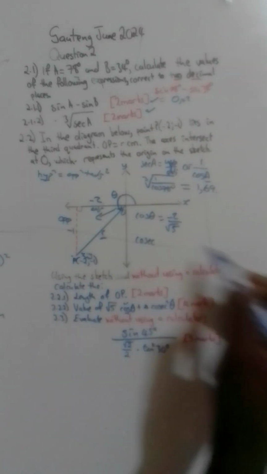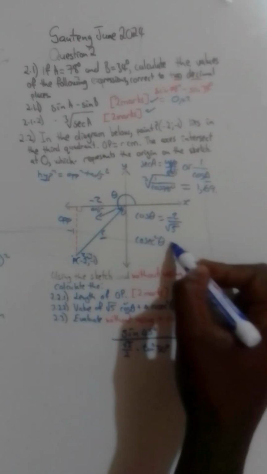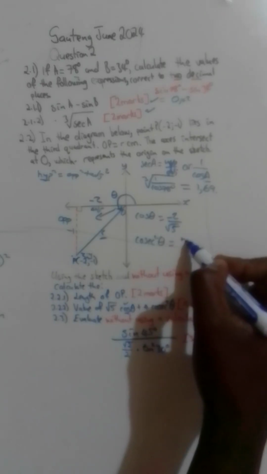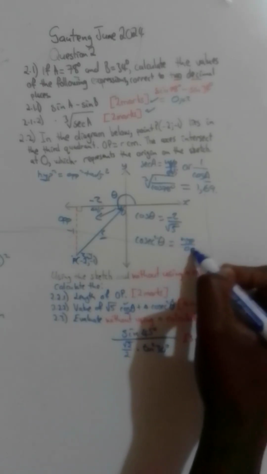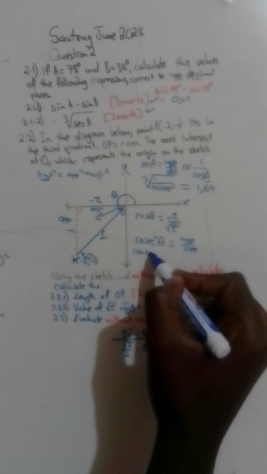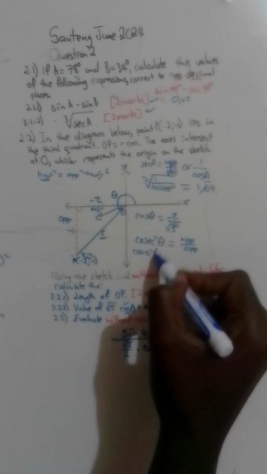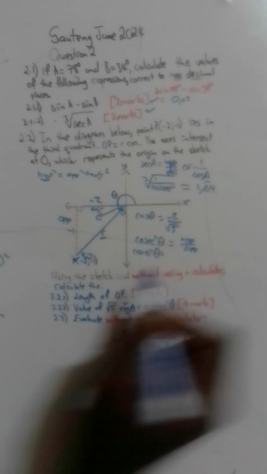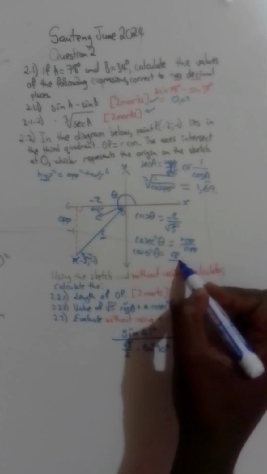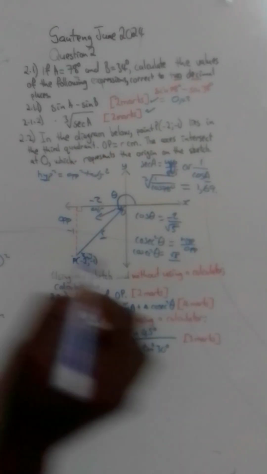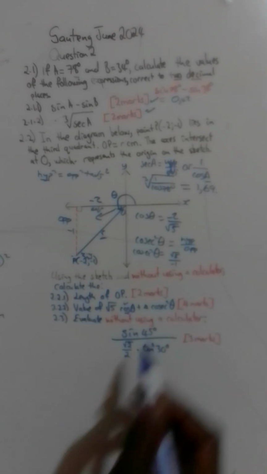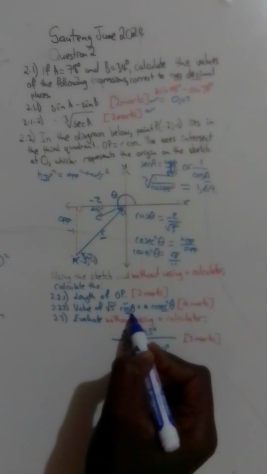So cosec squared theta is hypotenuse over opposite. Our hypotenuse we found is square root of 5, over our opposite, which is -1. So that's the values for the cosec and the cos.